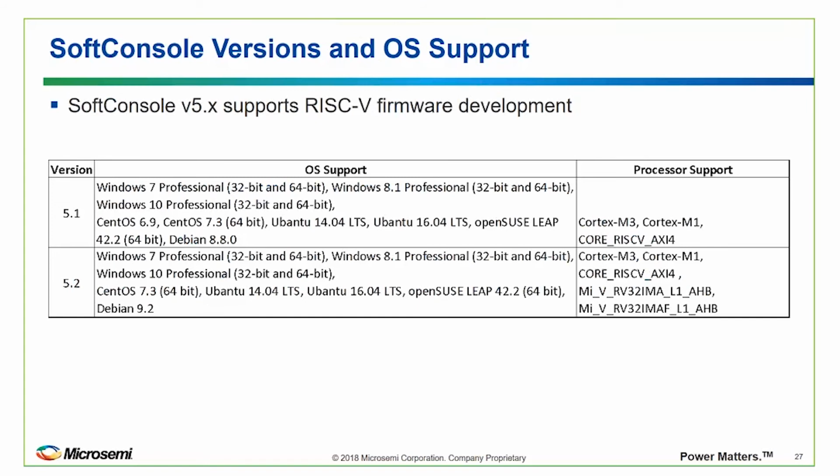It supports Windows and Linux, but it only supports the original RISC-V core that we mentioned, the core RISC-V with the AXI4 interface. The latest offering is 5.2. It's also available for Windows and Linux, and it supports all of the RISC-V cores. So my recommendation would be, if you're starting out, just download 5.2 and ignore any of those other versions that are still up there on the website.